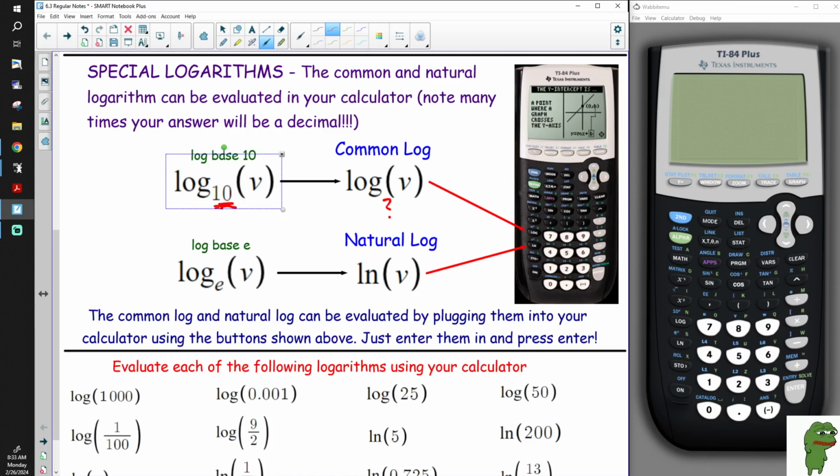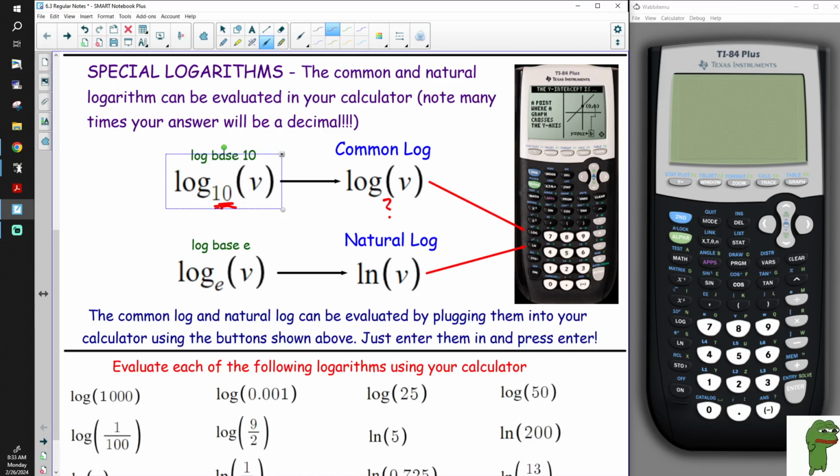Do you see the log button? That is called the common log. That button is specifically log base 10. You can only use that button when the problem is log base 10. It's a special log. If you see a problem that's log base 2, that log is different on your calculator.